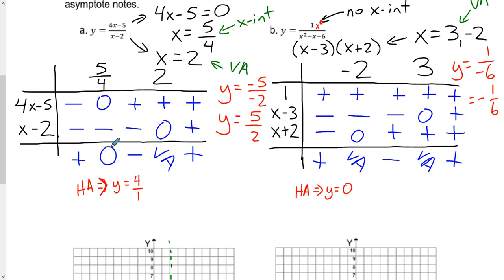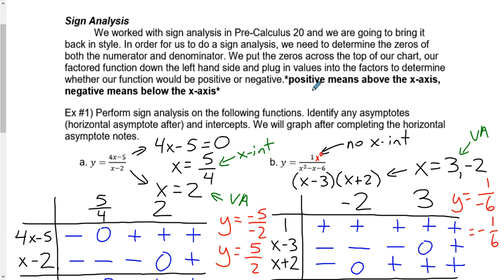The last step that we need to do is go back to our sign analysis. So our sign analysis says that on the left-hand side of 5/4, so that x-intercept, where it equals 0, our graph has to be positive. Well, what does it mean to be positive? Positive means above the x-axis.